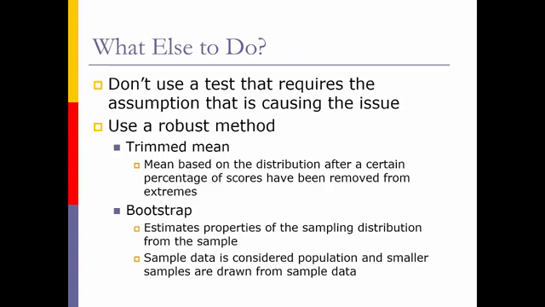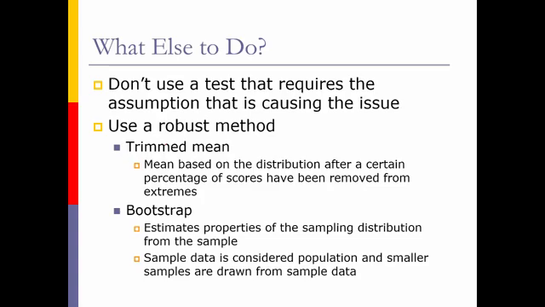All right, what else can you do? No matter what you do, you do not have normal data. Well, don't use a test that requires that assumption. Or there's some other options. There is the trimmed mean, where you could do a 5% trimmed mean, a 2% trimmed mean.